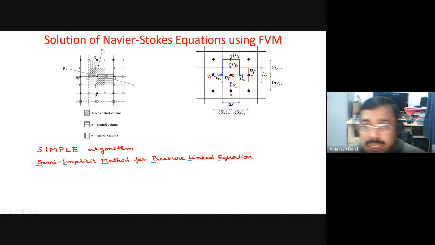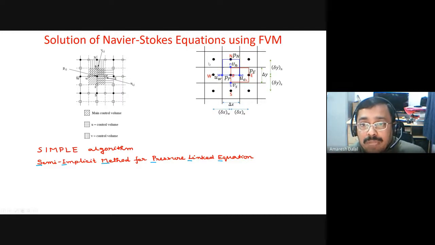So you can see now when you are solving the continuity equation in this main control volume, you are using the velocities from the face center where you are solving the velocities. So you don't need to interpolate the velocities at the face center.